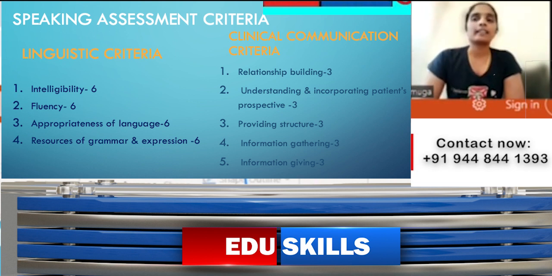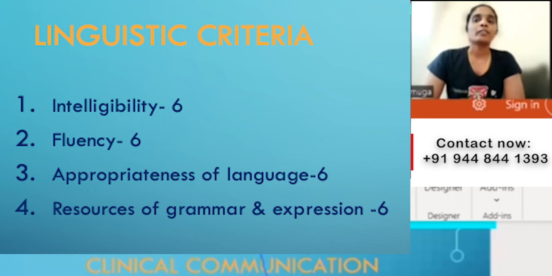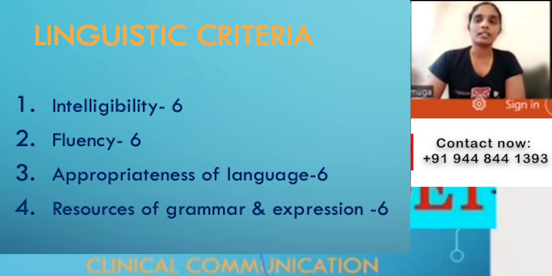This is just an example I have given here. First is intelligibility, then fluency, appropriateness of language, and resources of grammar and expression. These four come under the linguistic criteria, and they carry more weightage and marks than the clinical communication criteria.